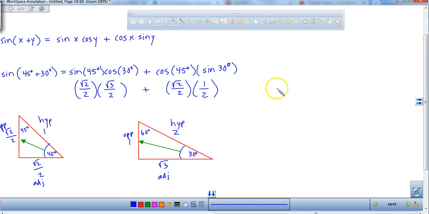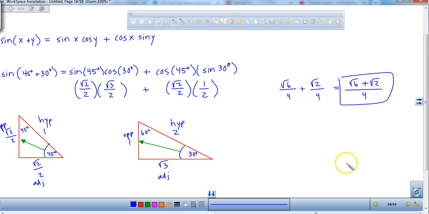So what is our final answer going to be? Well, radical 2 times radical 3 becomes radical 6, and 2 times 2 is 4, plus radical 2 times 1 is radical 2, and 2 times 2 is also 4. We have a common denominator right here, so I can simplify that to radical 6 plus radical 2 all over 4, and that's going to be my final answer.